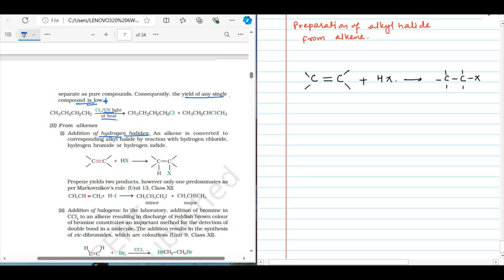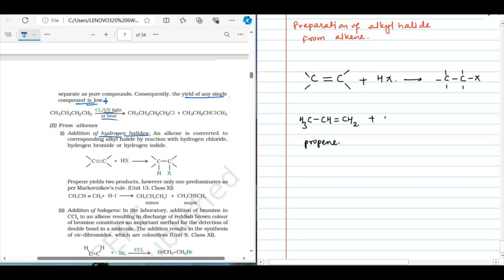Now take the specific example. So here, if I take the example of CH3 single bond CH double bond CH2, so this is propene.